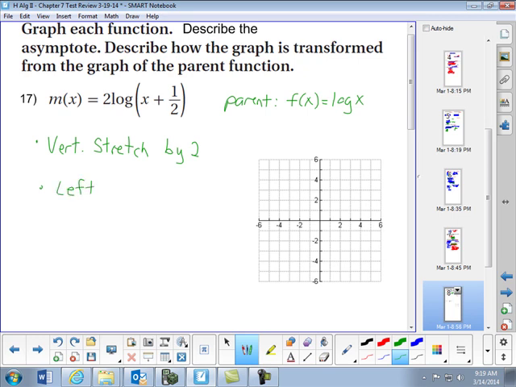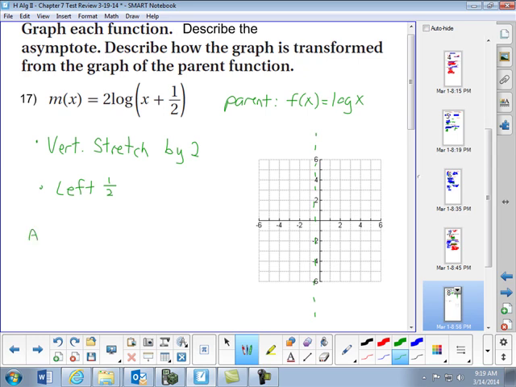It's going to go to the left 1/2. So my asymptote was right here for the parent function on that y-axis. But it got shifted to the left 1/2. Now it's kind of hard because a half is kind of small. So your asymptote is now right here.